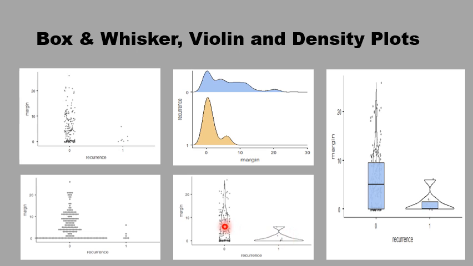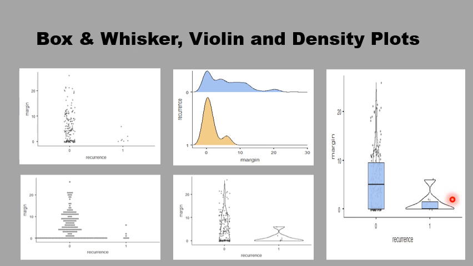But the violin here is quite different from the violin of the patients who did not have a recurrence, and the actual jitter data are also added to the plot. And finally, you can also add the box plot to the violin data for both those who did not and those who did have the tumor.